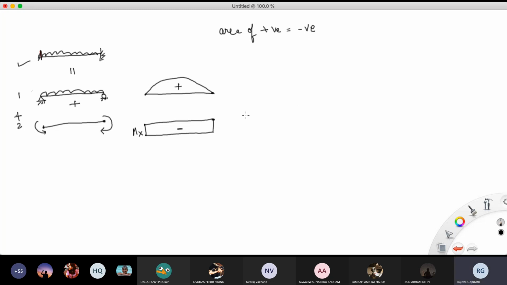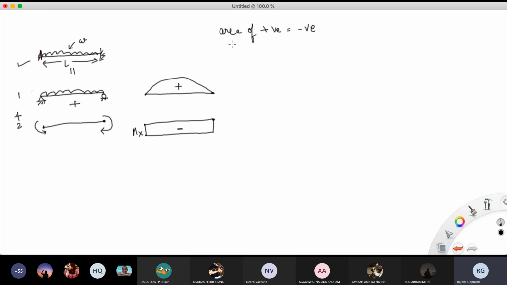What we need to find is, let's say this is L and this is small w and the length is L. Okay, so now इसका एरिया जितना होगा that plus that करेंगे तो Mx मिल जाएगा.